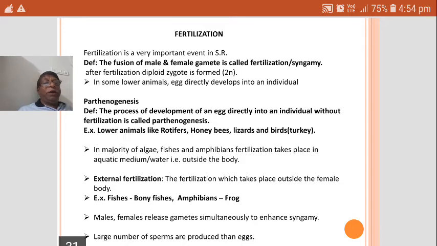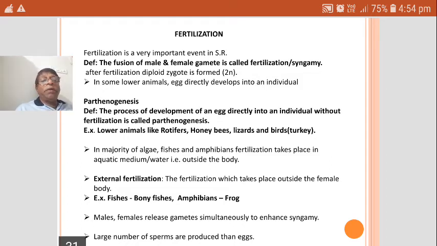Males and females release the gametes simultaneously so that the chances of syngamy or fertilization are more.